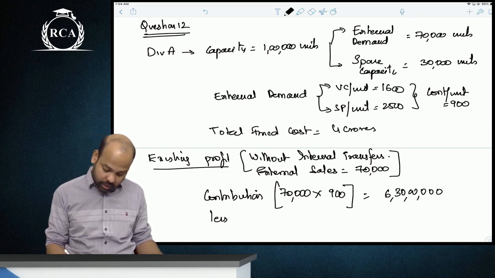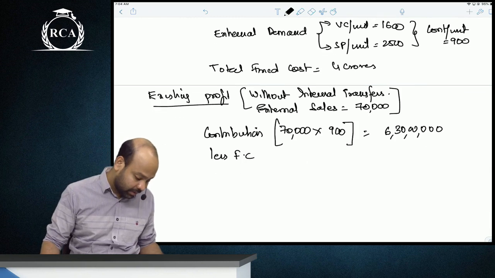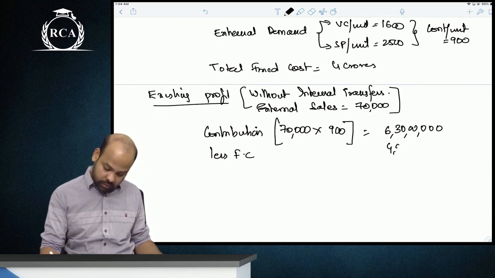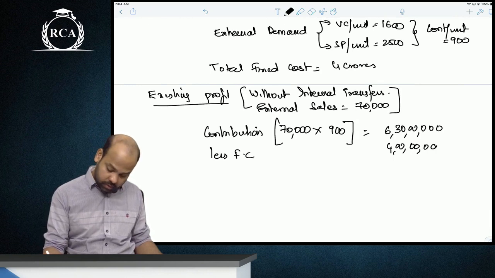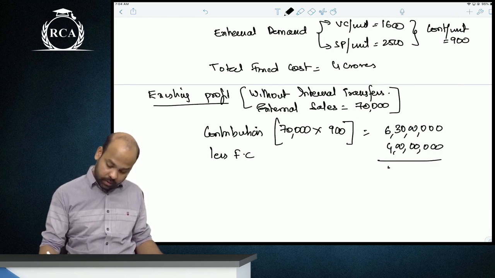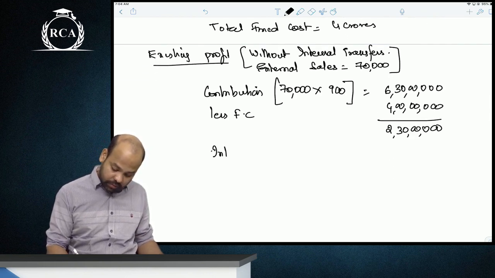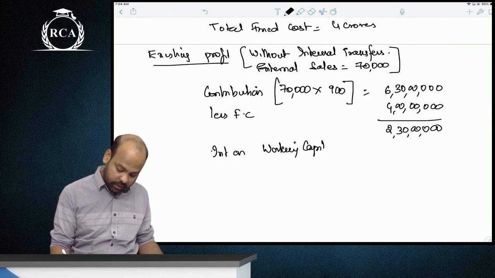Less the amount of fixed cost that we are incurring at present, which is 4 crores. Do not forget we are still paying interest on the working capital facility.